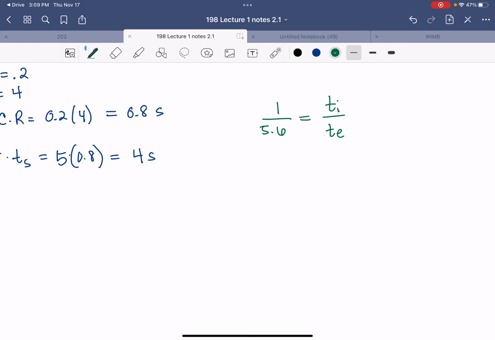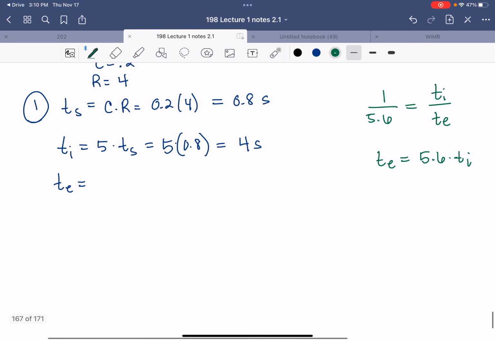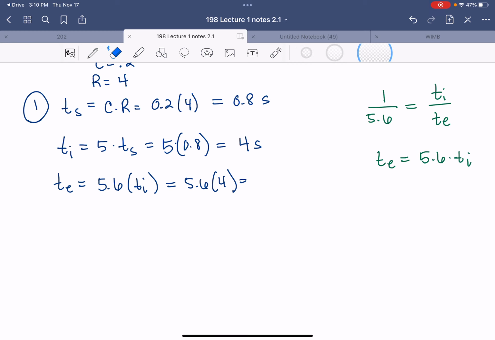That's what it means to be proportional in using that as a ratio. If we cross multiply, TE equals 5.6 times TI. So to get my TE, I'm going to take 5.6 times my 4 seconds, and that's going to give you 22.4 seconds. It's a long breath.